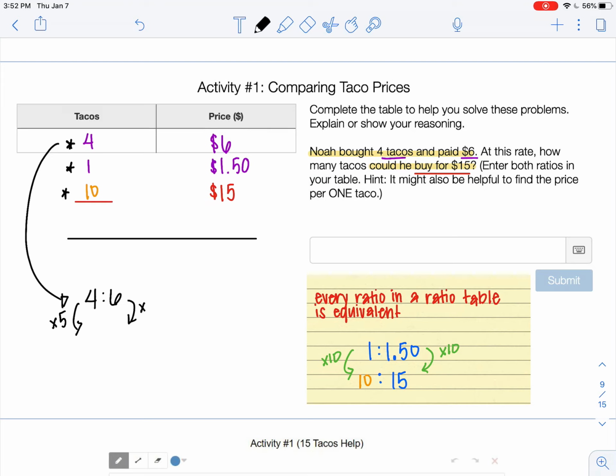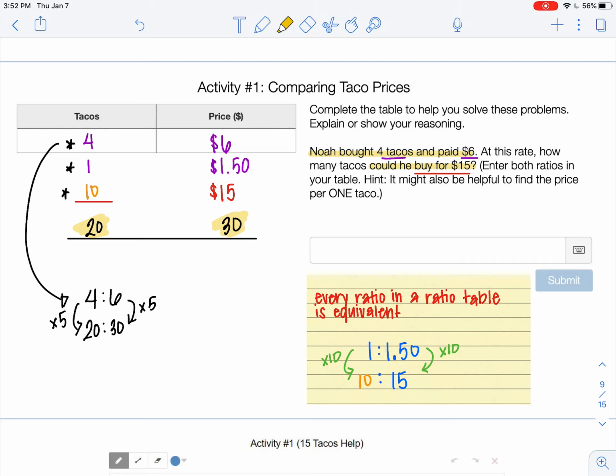I would simply multiply both sides by 5, and that would tell me that 20 tacos would cost $30. I know that this is a valid entry, or it belongs in my ratio table, because I can multiply both sides of a ratio from the table to get my new ratio that I entered in the table.